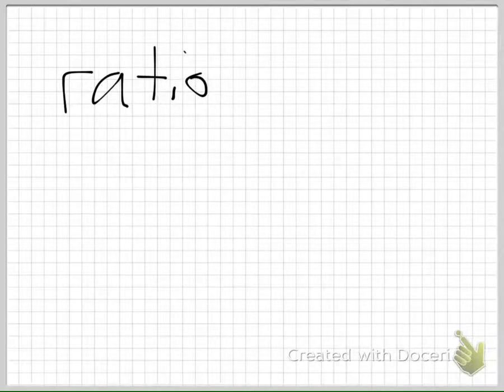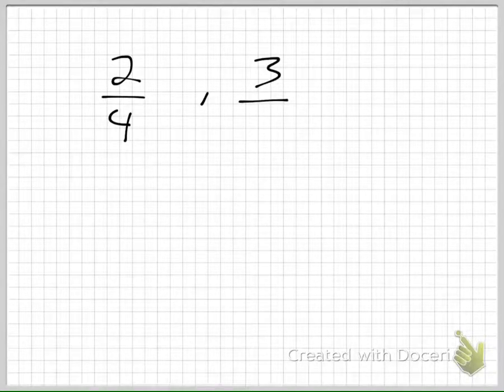Here's the deal. Let's talk about equal ratios. This is really what we do a lot. We use equal ratios, equal ratios being 2 to 4 and 3 to 6.